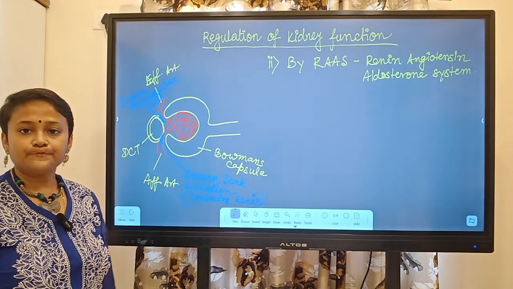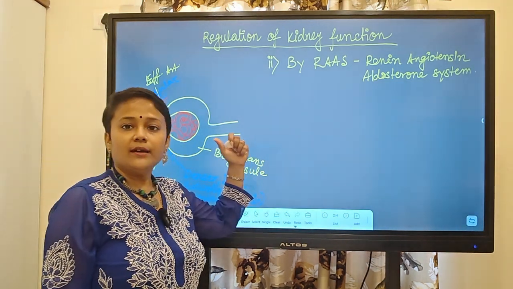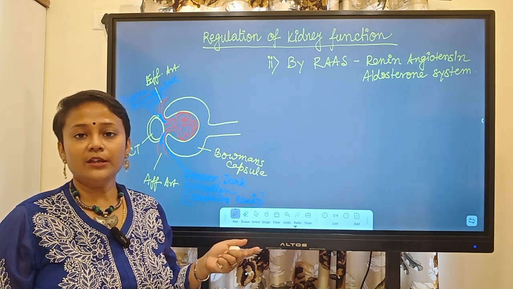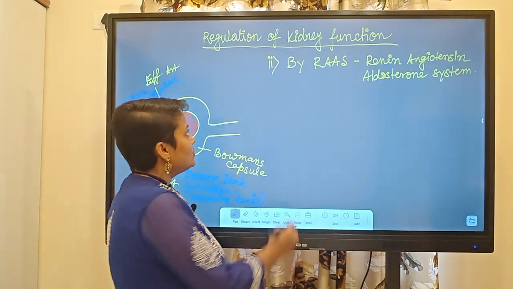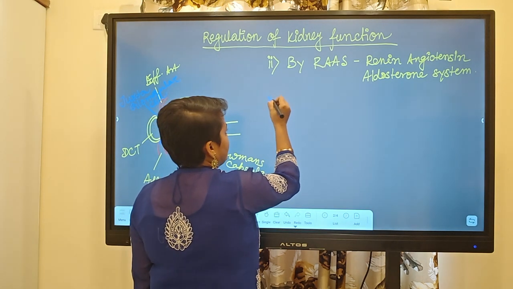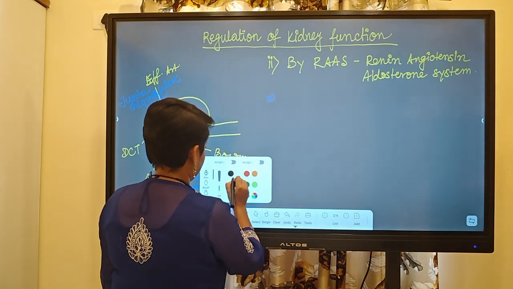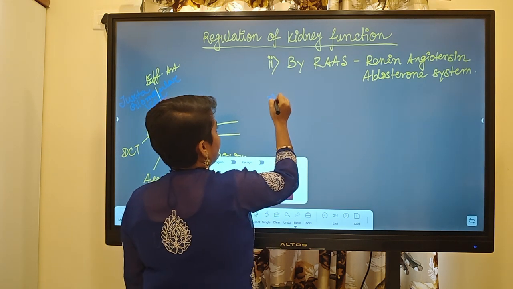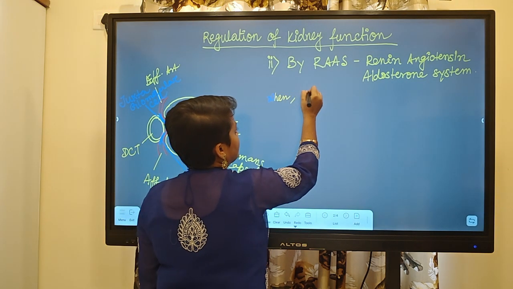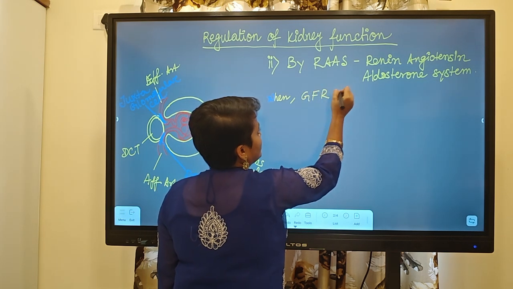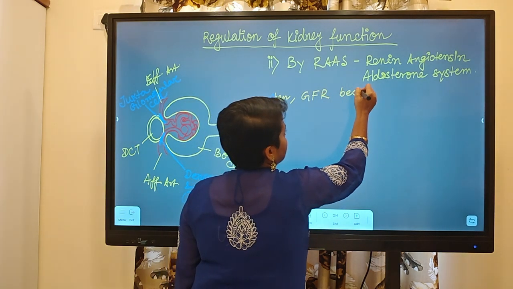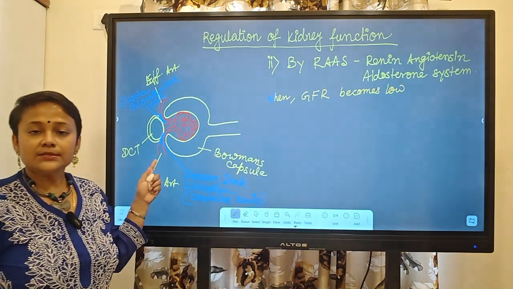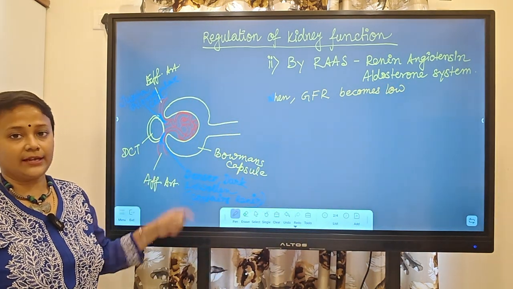We will discuss here. Now, the first regulation we have discussed was when the body fluid is lost. Now, here when GFR becomes low. GFR means glomerular filtration rate, right?